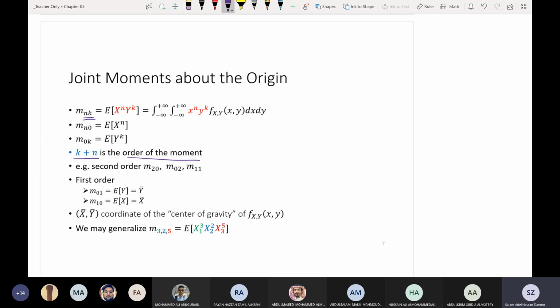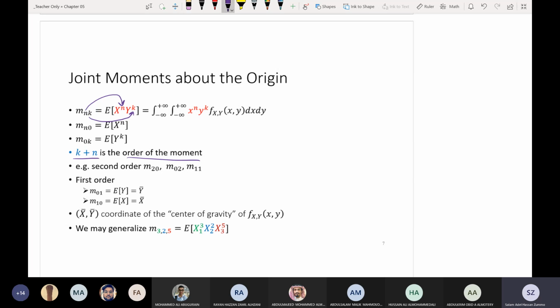m_nk is equal to the expected value of x to the power n, and y multiplied by y to the power k. So the first letter here, n, is the order to which you raise x, while the second letter is the order to which you raise y to the power k.